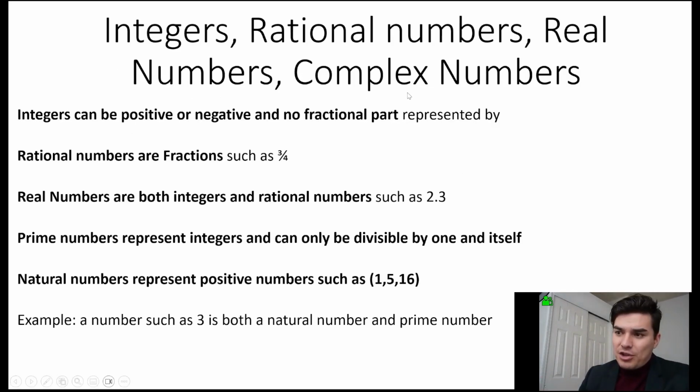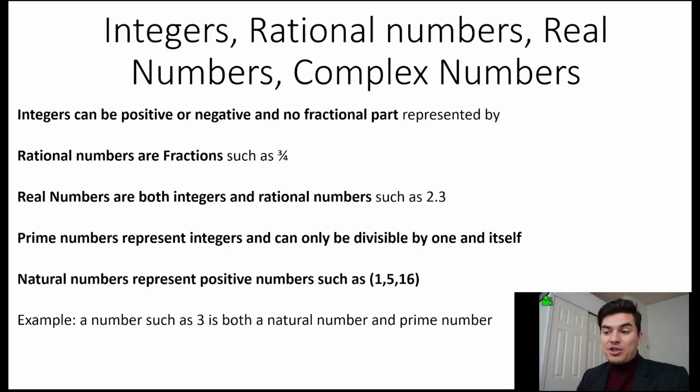So today we're going to look at integers, rational numbers, real numbers, and complex numbers. Integers can be positive or negative and have no fractional part, such as 3, -4, 8, -7. Rational numbers are fractions, such as 3/4, 1/2, and real numbers include both the integers and the rational numbers, such as 2.3.